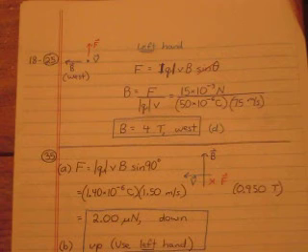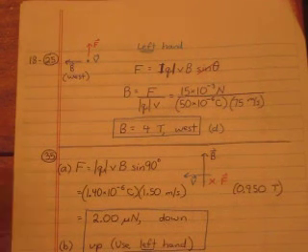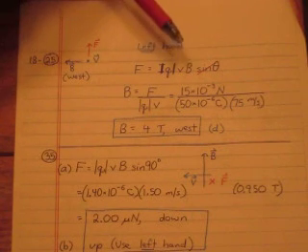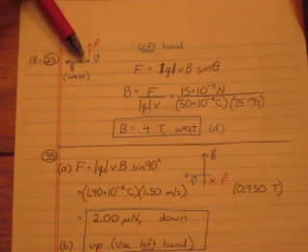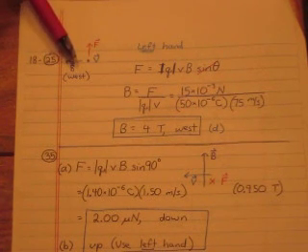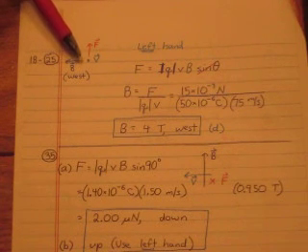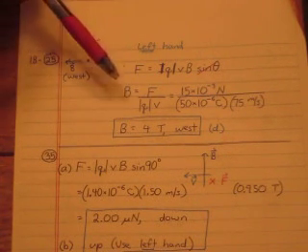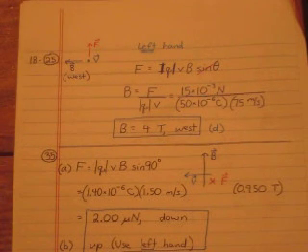In order to find the magnetic field, we're going to use F equals QVB times sine theta. The angle theta between velocity and magnetic field is going to be 90 degrees, so given the multiple choices that there are, we solve for B equals F over QV, and you should get 4 Tesla to the west.